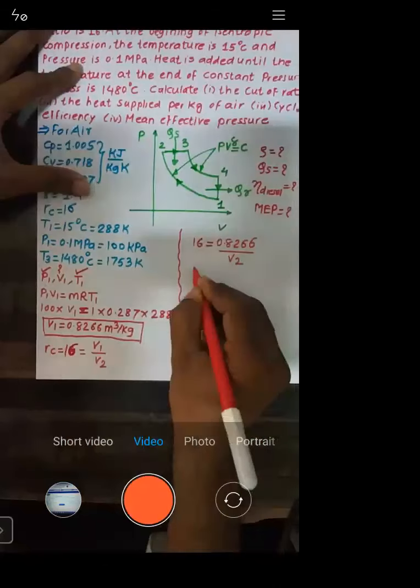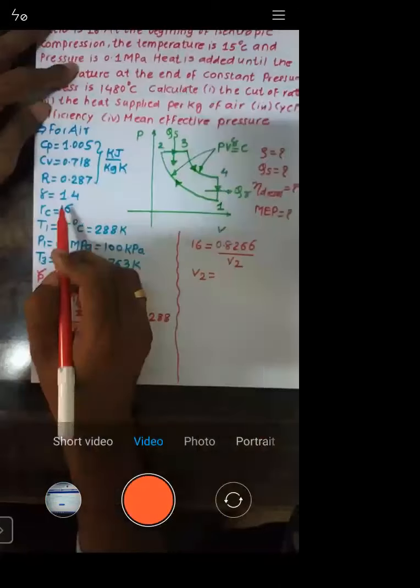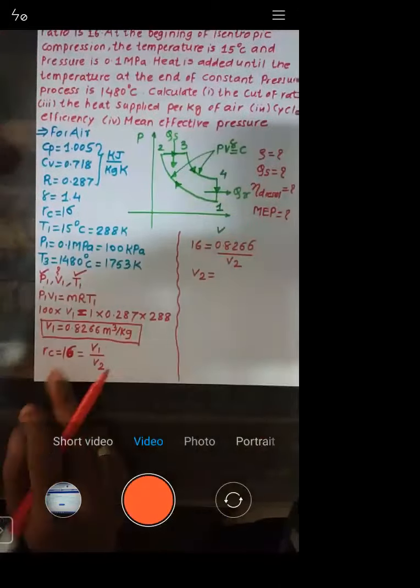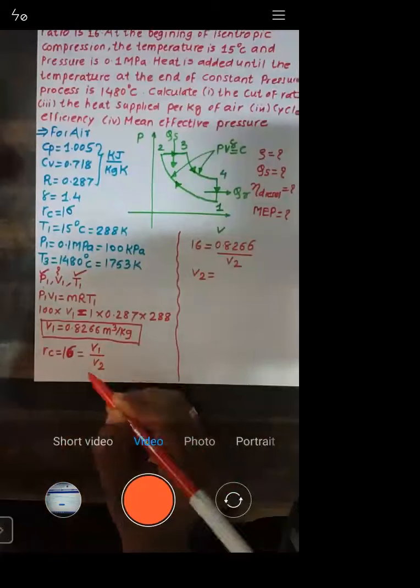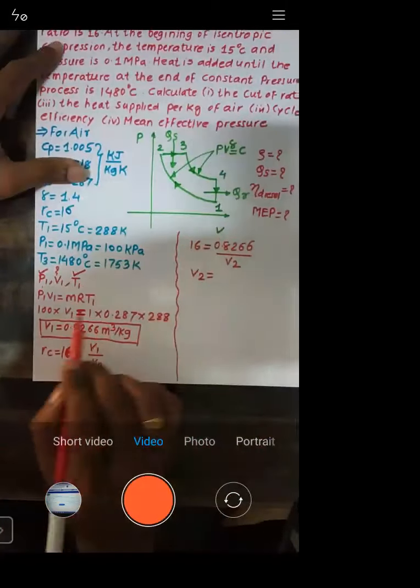The compression ratio of 16 is given in the problem. Volume before the compression I have already calculated. Now I will calculate V2.